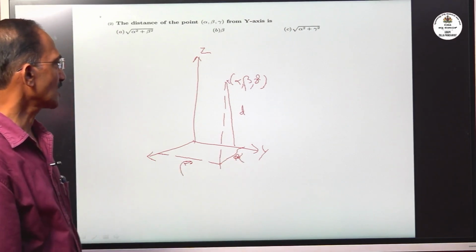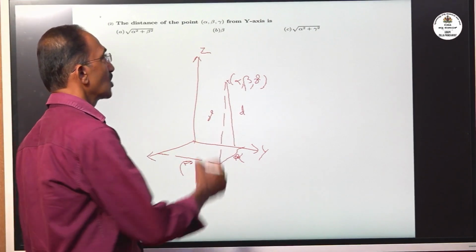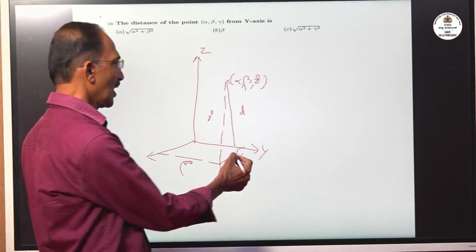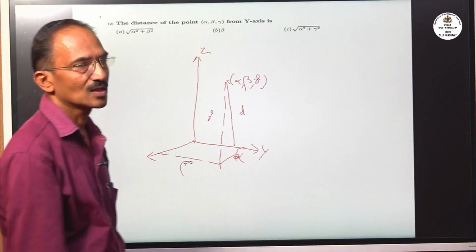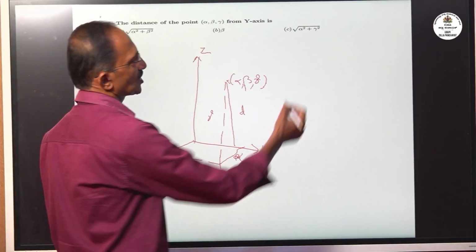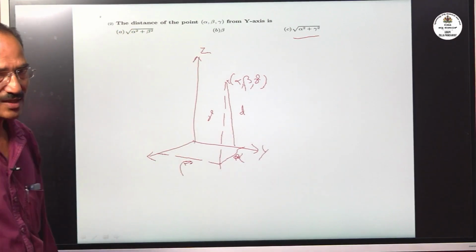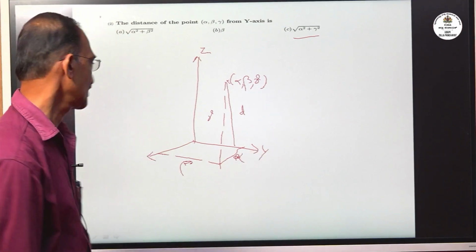And this distance along the z-axis is gamma. So clearly alpha square plus gamma square gives us d square. So the value of d is the root of alpha square plus gamma square. So option C is the right answer. Option D is not visible. So our answer is C.